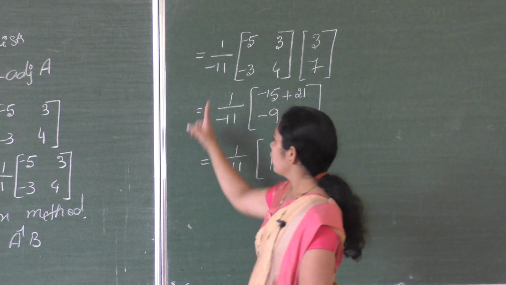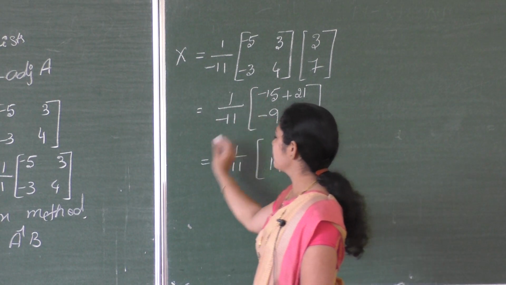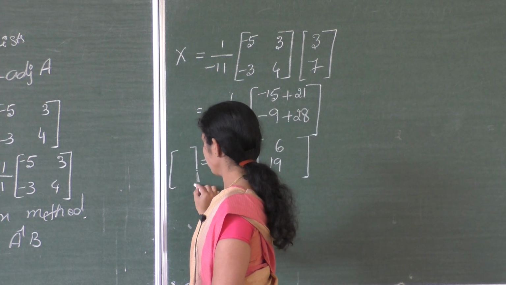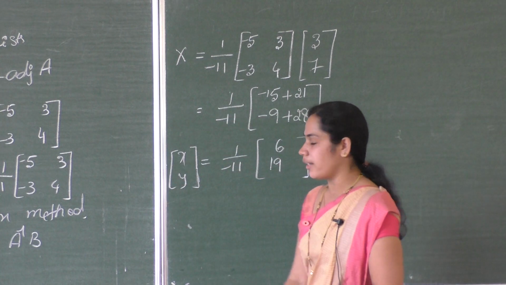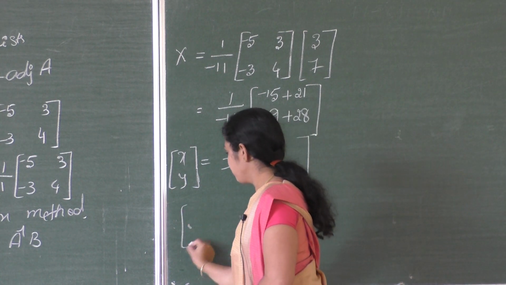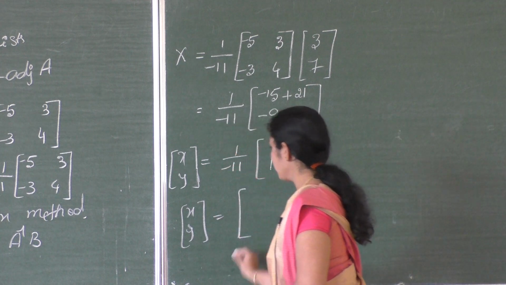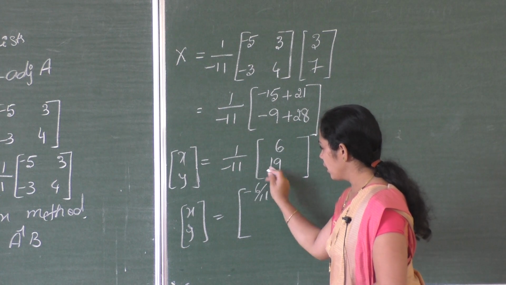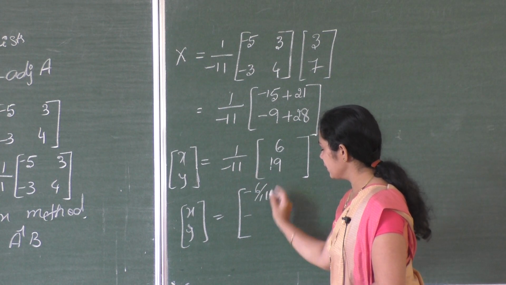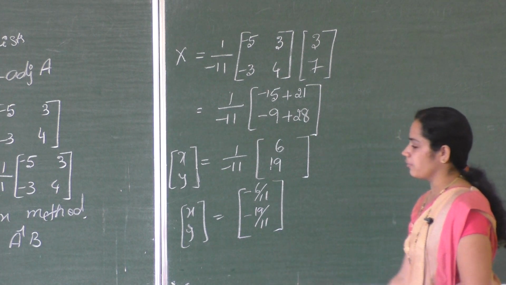So this is x equal to A inverse into B, the value of x and y. Now x, y is equal to, multiplying this inside, -6 by 11 and here -19 by 11.